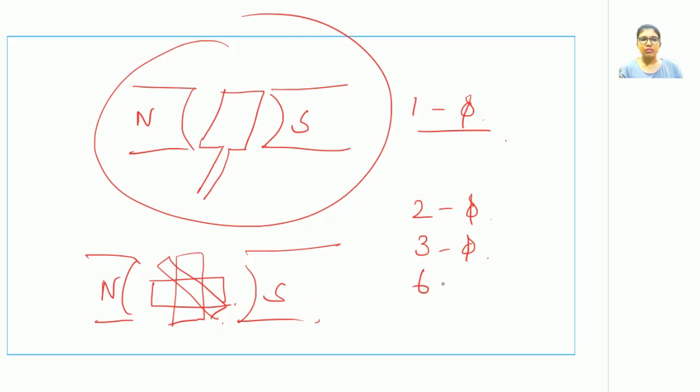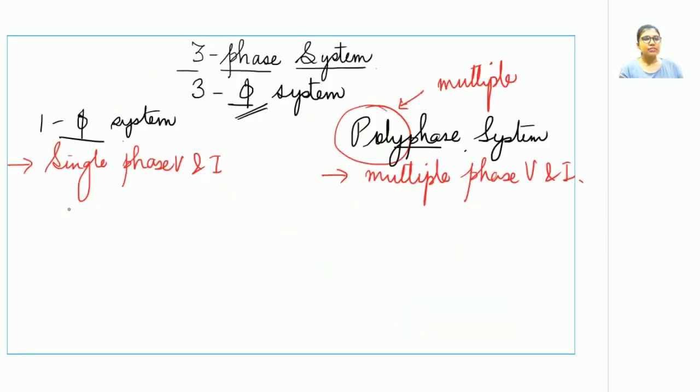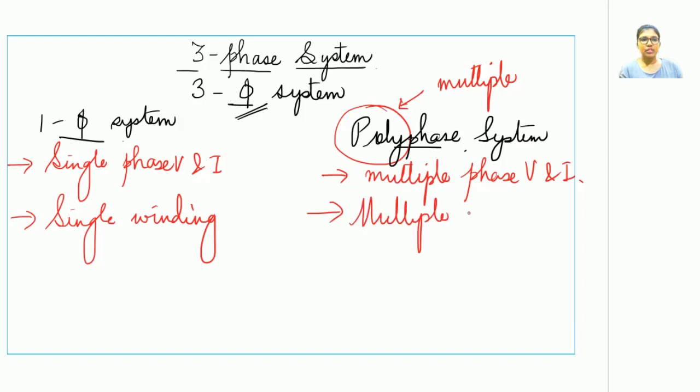If there are 6 coils or 6 windings being present, then it will be called as a six-phase system, and so on. So a single-phase system is basically called as a single-phase system because of the presence of single winding that is used in generation. Whereas for a polyphase system, there shall be multiple windings present.